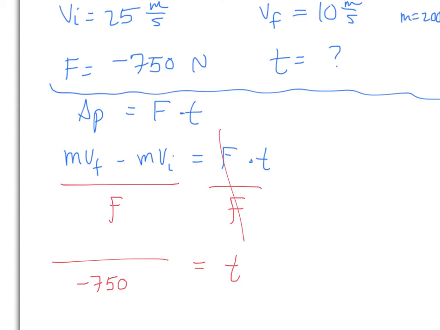So this is 2,000 times final velocity, which is 10 meters per second, minus 2,000 times initial velocity, which was 25 meters per second. Both the numerator and the denominator are negative, therefore you get a positive amount of time it takes for this to occur.